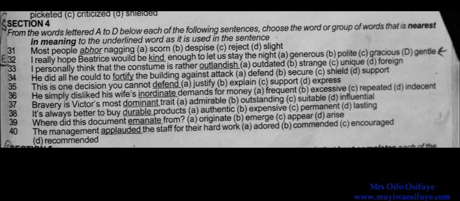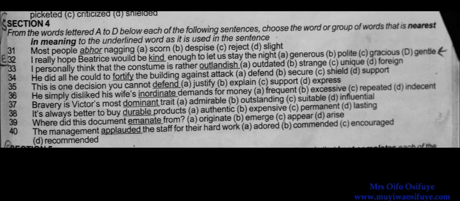The options are A, scorn; B, despise; C, reject; and D, slight. Going through the options, the word nearest in meaning to abhor is despise, which is option B. The sentence will now read: most people despise nagging.